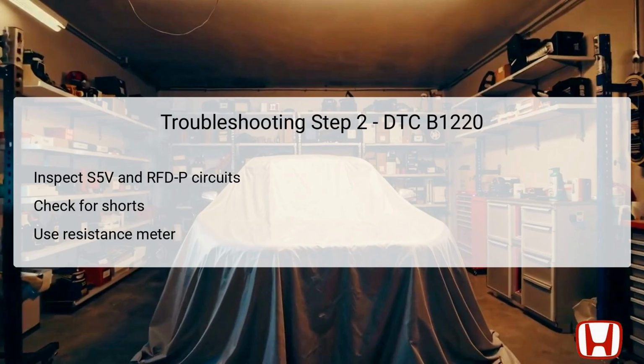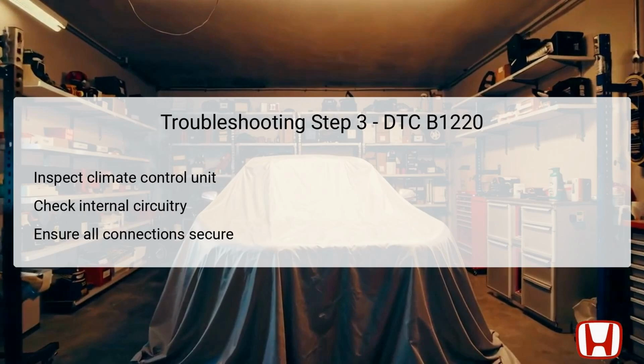Additionally, inspect the circuit for potential shorting to ground. Lastly, conduct a resistance test on the RFDP circuit to ensure it has more than 1 megaohm, indicating it's functioning properly. These checks are critical in determining if the problem lies within the wiring rather than the components themselves.